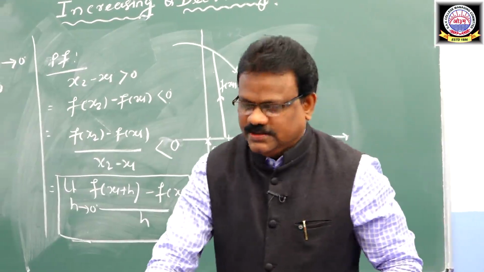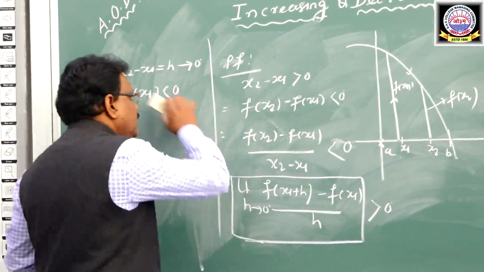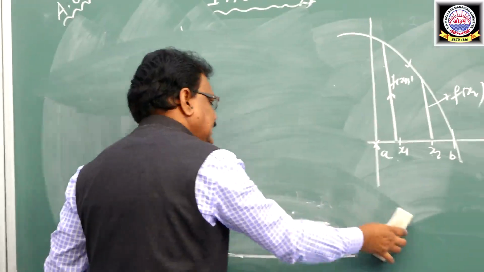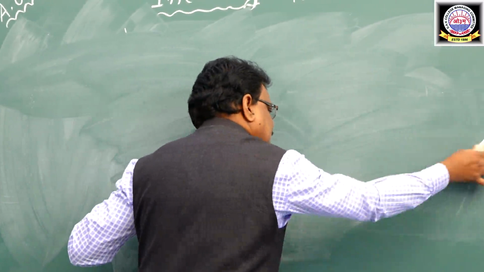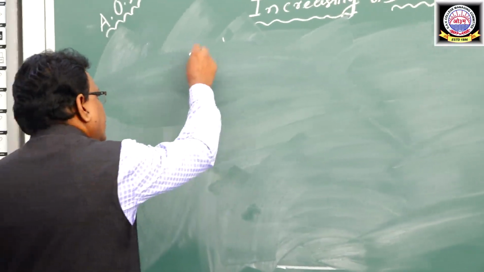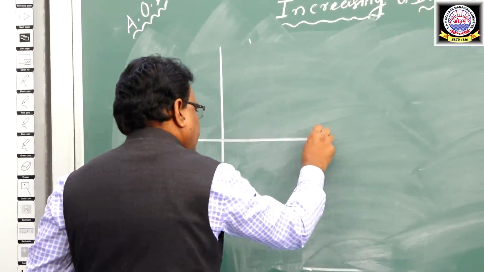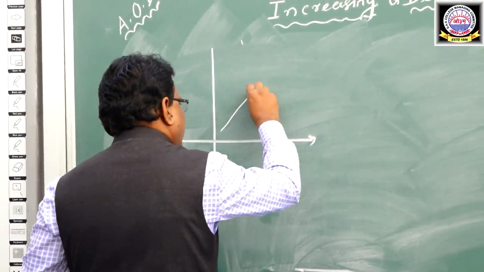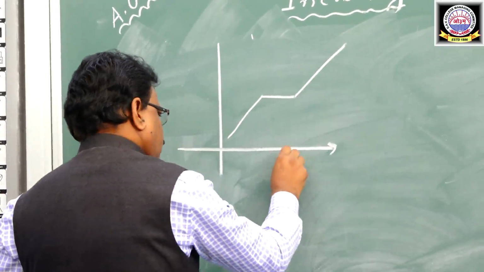Okay, let us go for another concept, that is increasing function and strictly increasing, decreasing and strictly decreasing. So I am drawing some figures, you draw with me. The figure is like this. This is, suppose, graph 1.